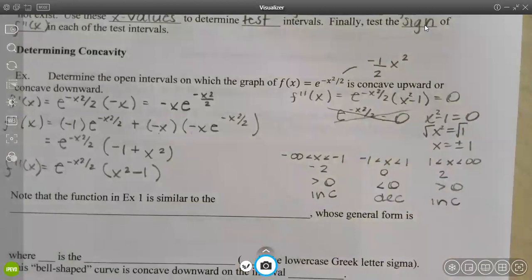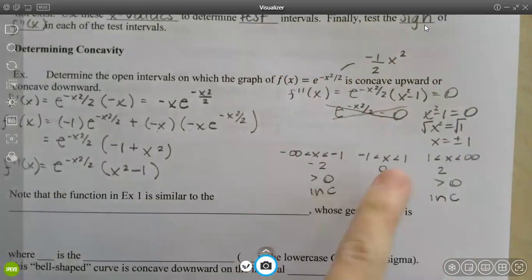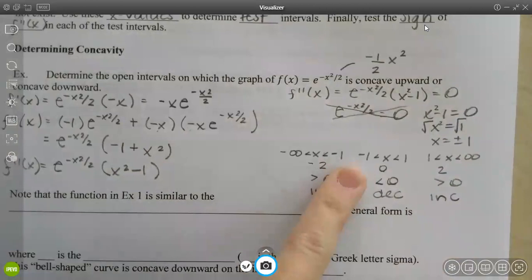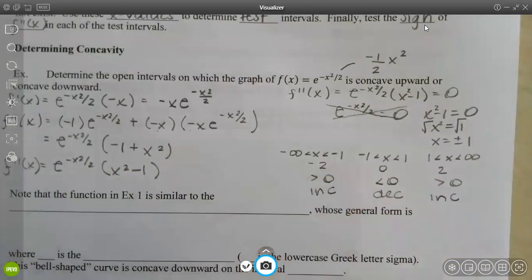Now, in your homework last night, it told you to find the relative max or the relative min. So I'm going to talk to you about that real fast. It has nothing to do with this, but I'm going to use this as an example. So we set our first derivative equal to 0. We got our values. Whatever your critical numbers are, that's where your extrema are going to be. So to find your y coordinate, you plug it into the original equation.